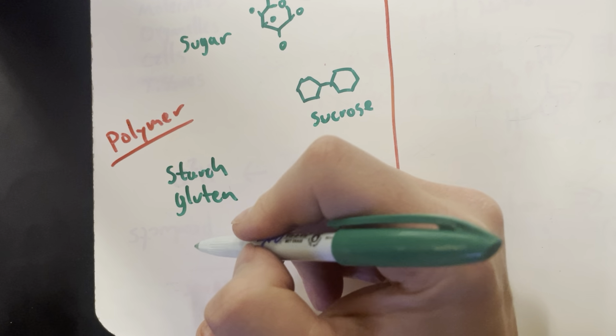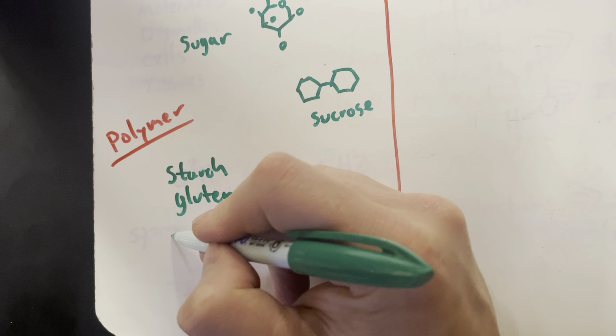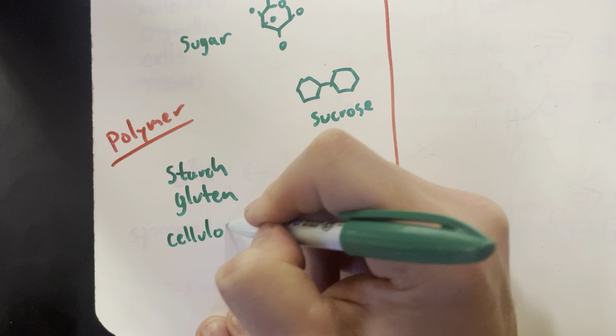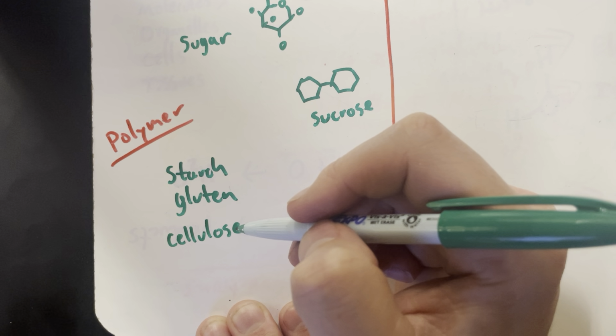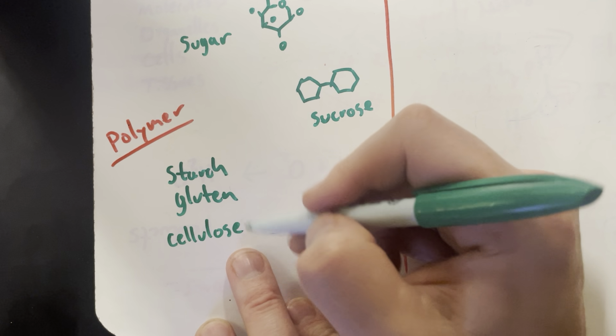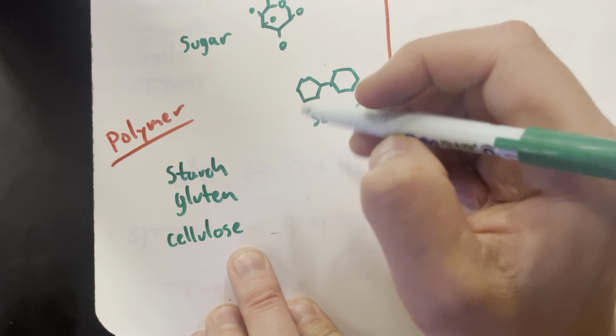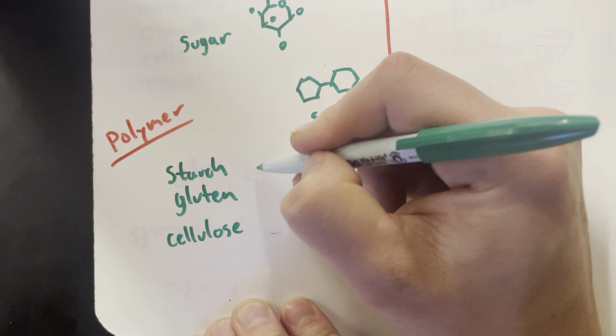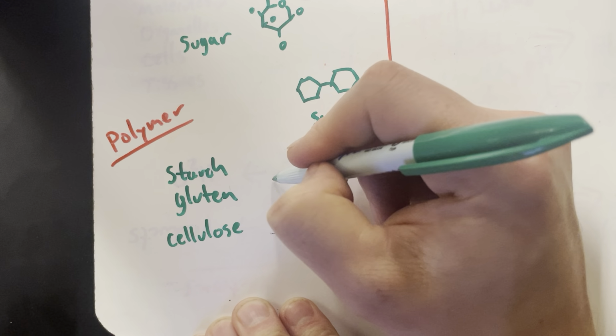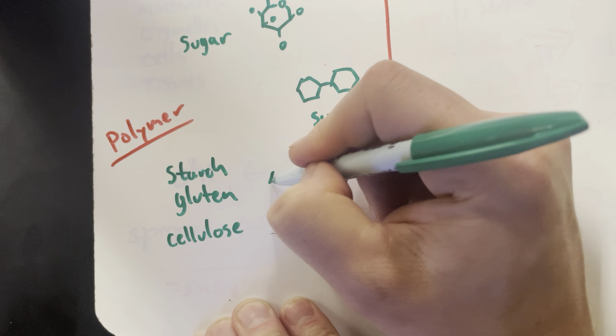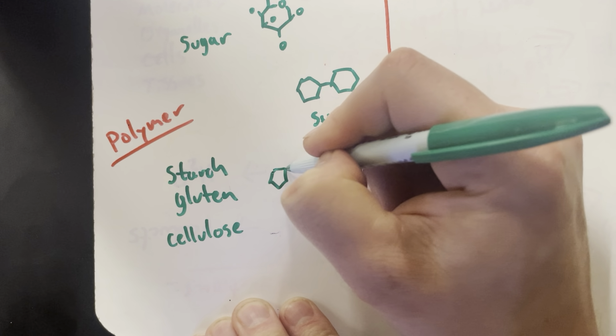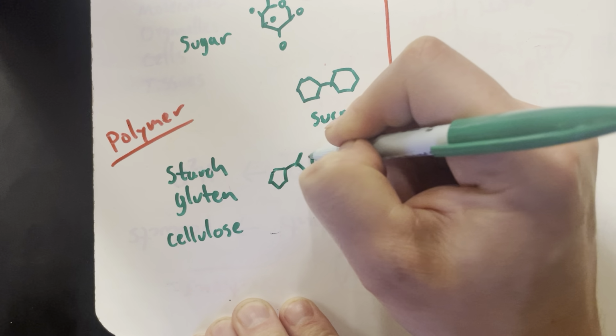Fiber that we can't digest that's really common in plants is cellulose. What was that? Is it in corn? Yeah, corn has all of these, I think. Well, not gluten, but starch and cellulose. But most of these are little daisy chains of sugar molecules.